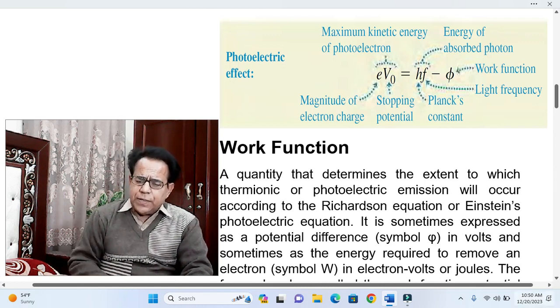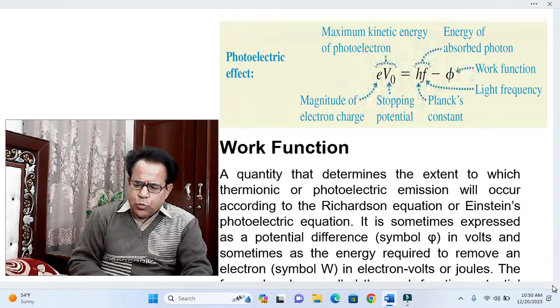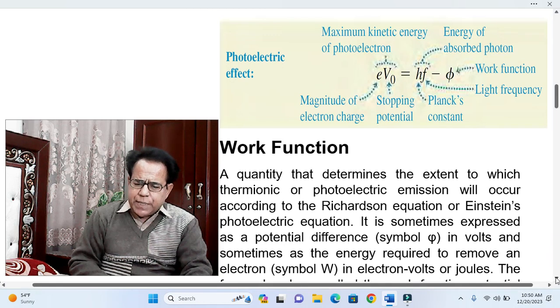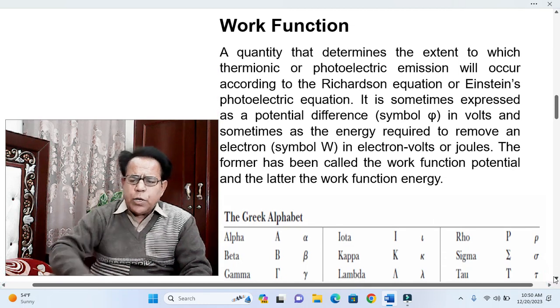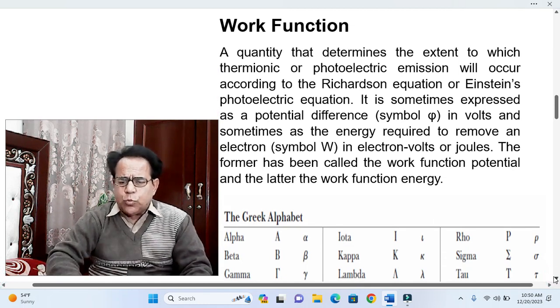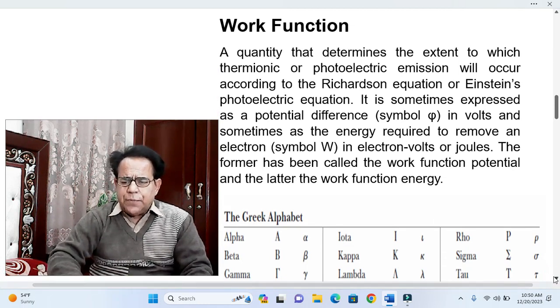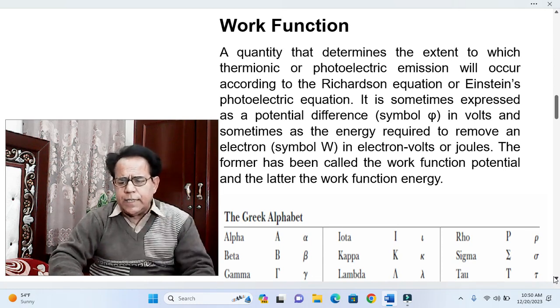Phi is the work function. Now we are going to say something more about the work function. Work function is a quantity that determines the extent to which thermionic or photoelectric emission will occur according to the Richardson equation or Einstein's photoelectric equation.